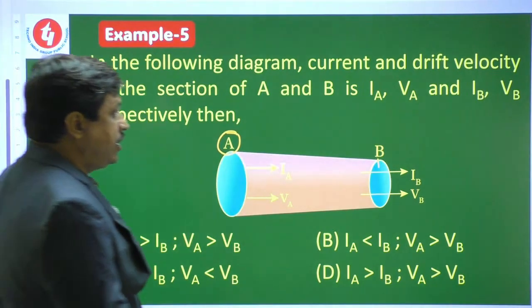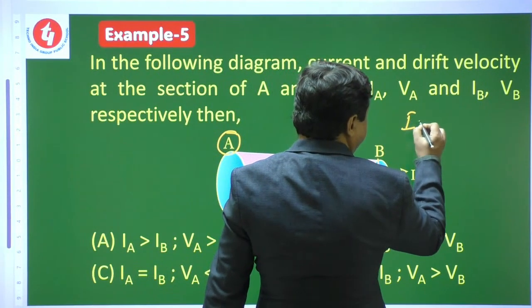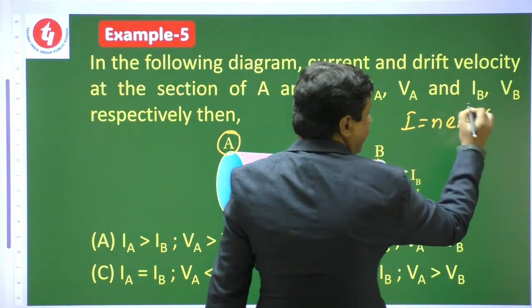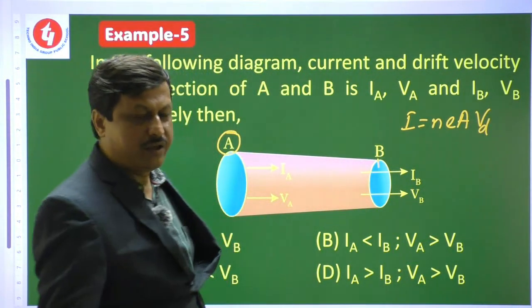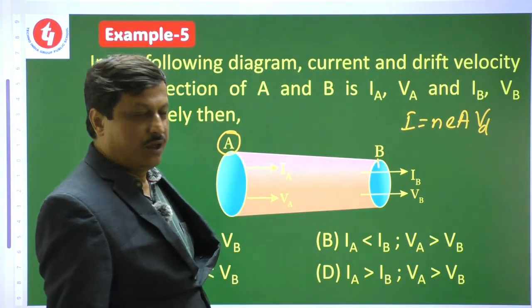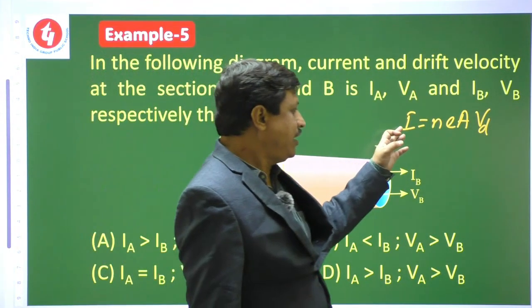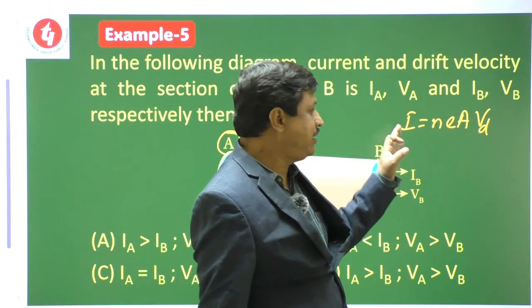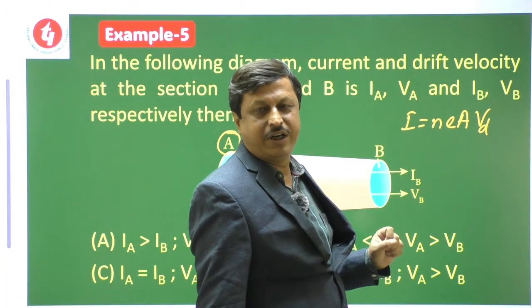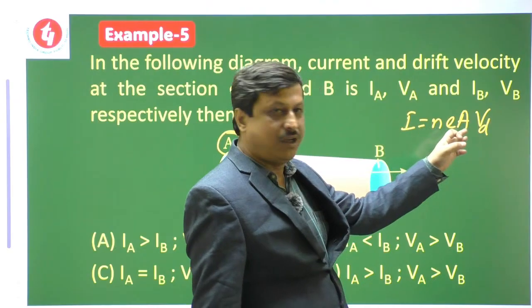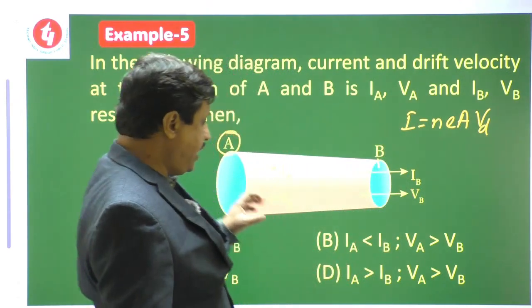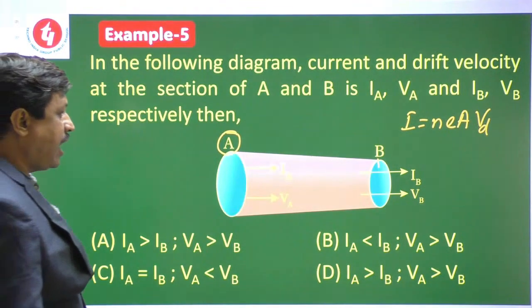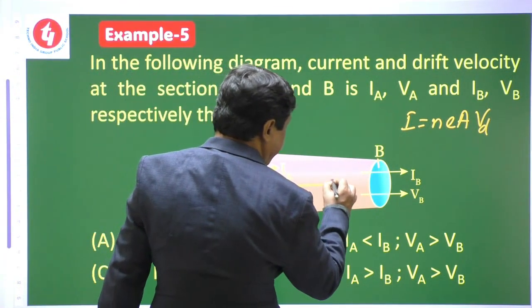You know that I equals NEAVd. In this equation, I seems directly proportional to A, but not quite.